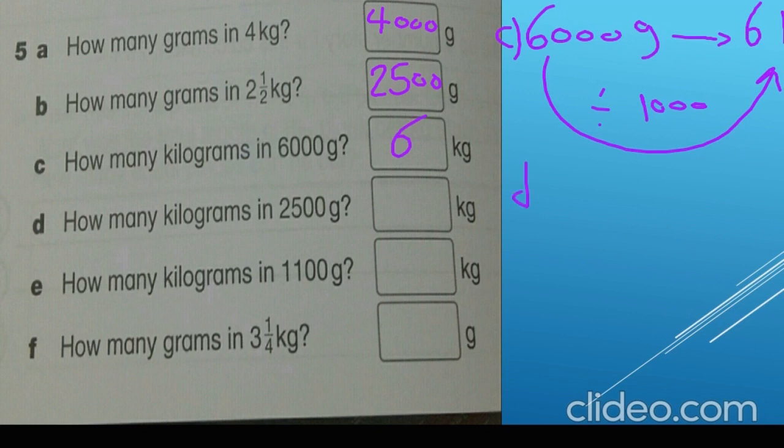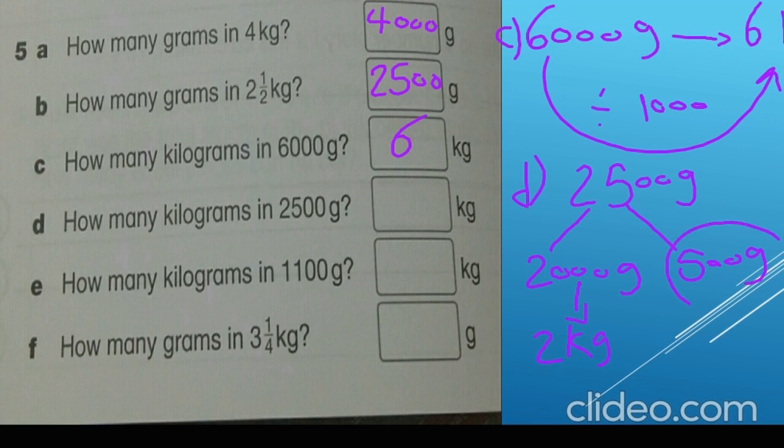D. How many kilograms in 2,500 grams? We just do it. So, now what I have is 2,000 actually, and I have 500. 2,000 grams means 2 kilograms.